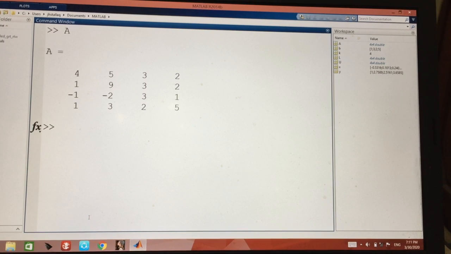So for the second row, we multiply the first row by A21 divided by A11. For the third row, we multiply the first row by A31 divided by A11, okay, to obtain this one. And for the fourth row, we multiply the first row by A41 divided by A11, okay.